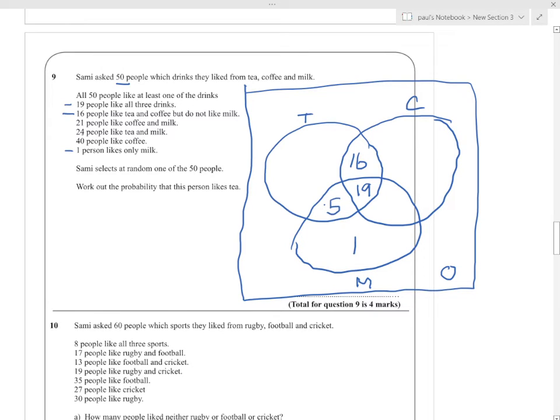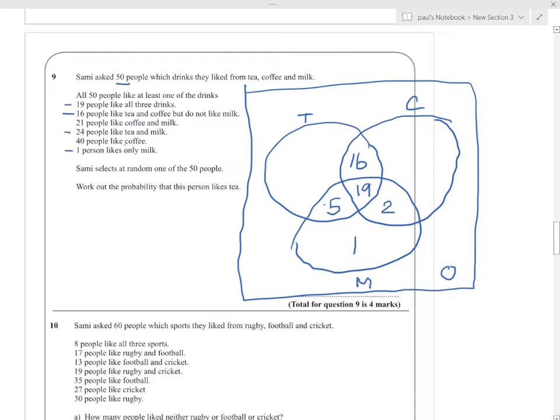Right, now, how many like tea altogether? What have we got? 21 people like coffee and milk. So we've got 19 there. So there must be another 2 in there. Right.